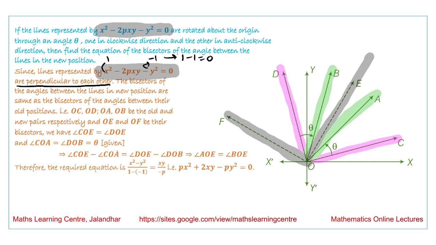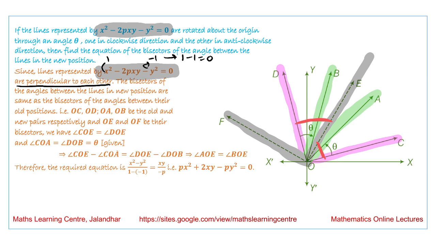This is the pair of angle bisectors that we have. Now if we look at the angles over here, we are talking about the angle COE, this complete angle COE, and the angle DOE. E is the angle bisector, so both these angles are equal to each other.